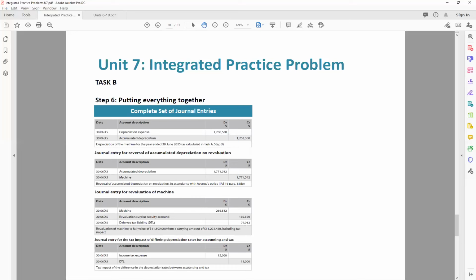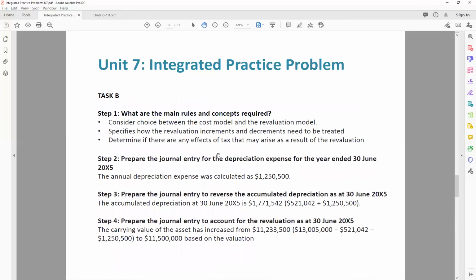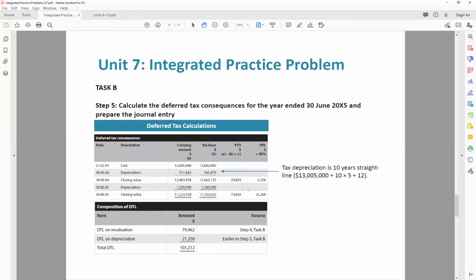And in here you can see that this is where the 79,000 has come from. And then step four is to recognize the difference in the change in the DTL balance that existed because of differences in accounting and tax depreciation. And so you can see that these set of journal entries effectively cover all of this prior information.